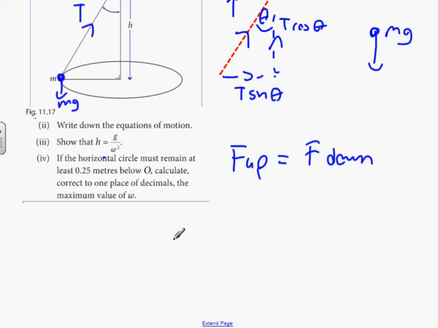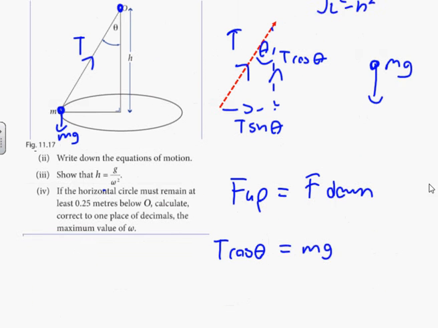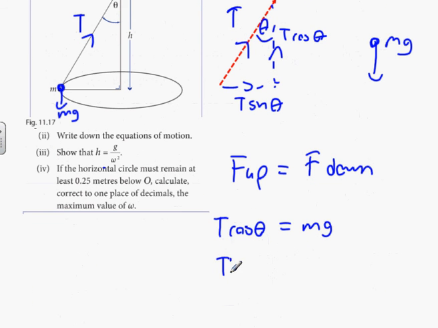Okay, so forces up, guys. T cos theta equals force down, mg. Cos theta is h over L, so T h over L equals mg.